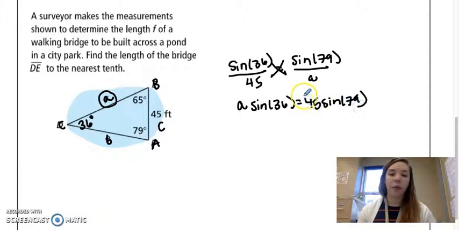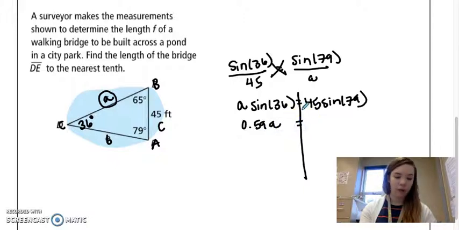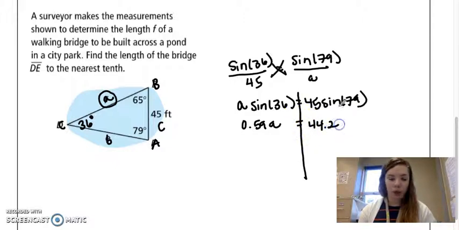And then I'm going to simplify what I can from here by typing it in. So I would have 0.59a equals 44.2. And then if I divide that, I have side A is 74.9, and then that would be feet.